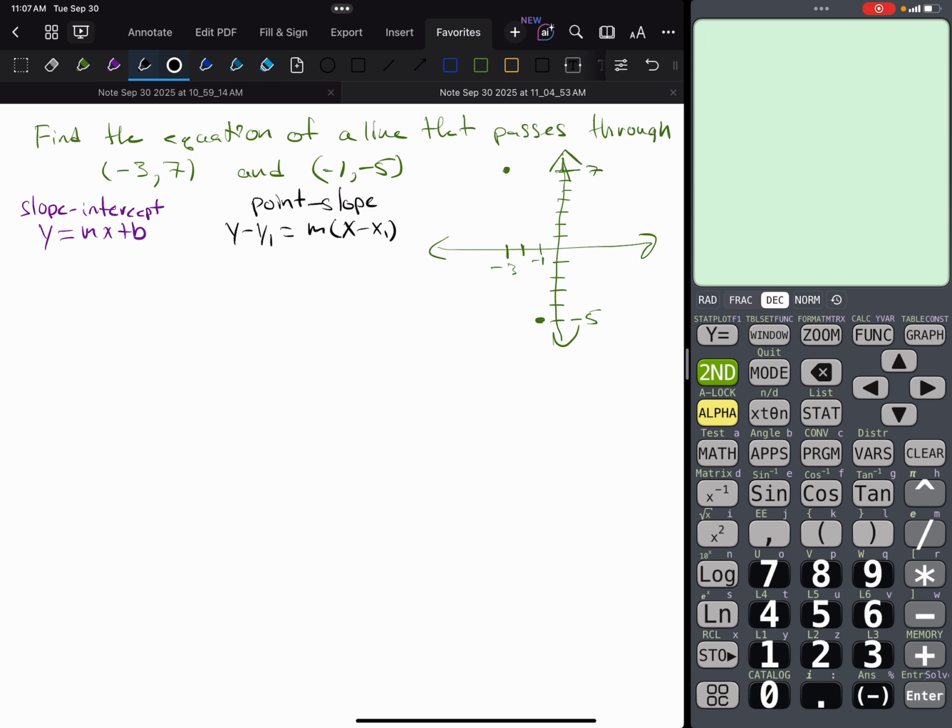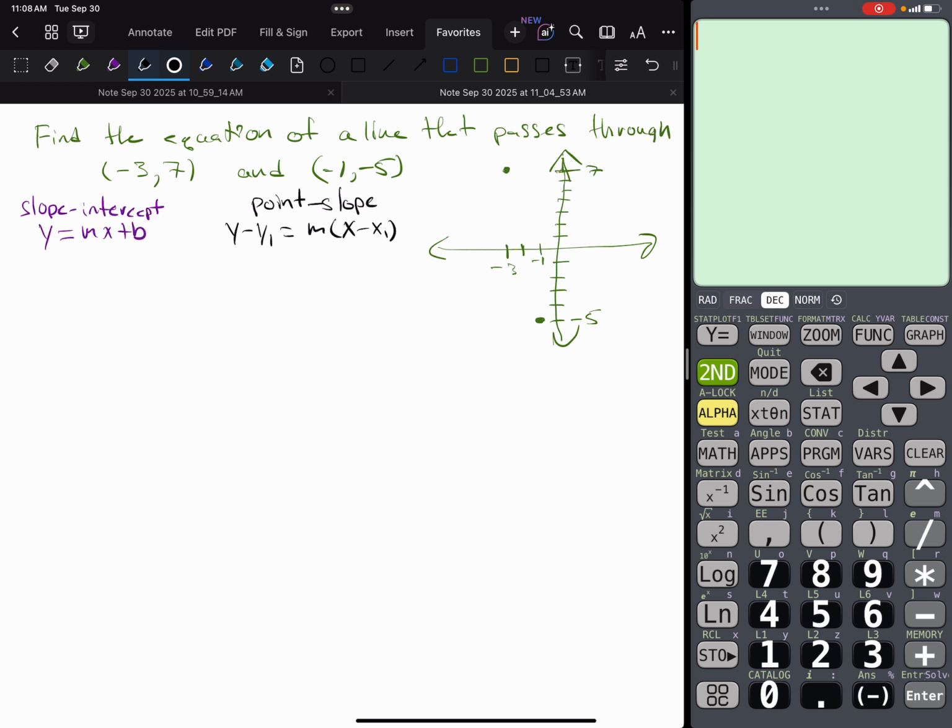Now, truth is, it's probably the same amount of work to use either one of these forms. I think that the point slope form makes a little bit more sense here, but I'm probably going to work the problem both ways just to show that we can get the same answer both ways, and that it's really about the same amount of work.